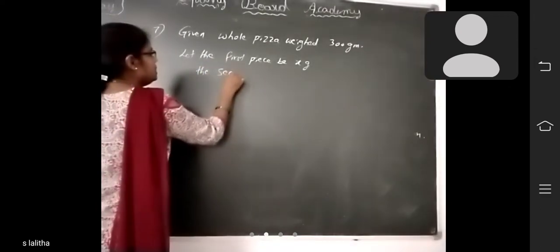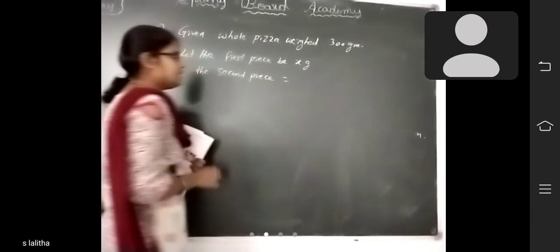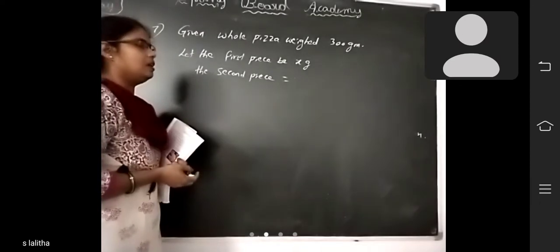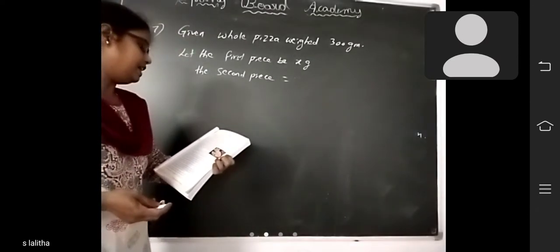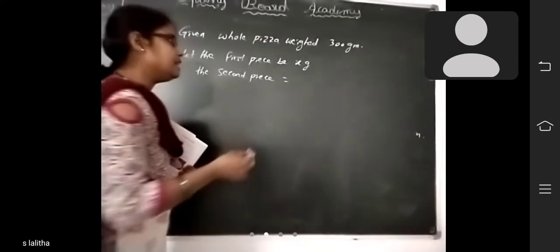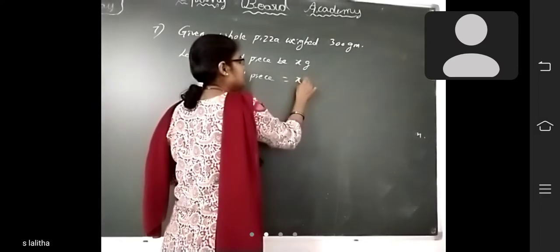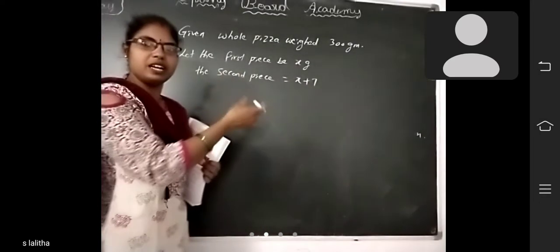The second piece, what is the second piece weight? The first piece is 7 grams lighter than the second piece. Lighter than the second piece means the second piece is x plus 7, 7 grams heavier than the first piece.